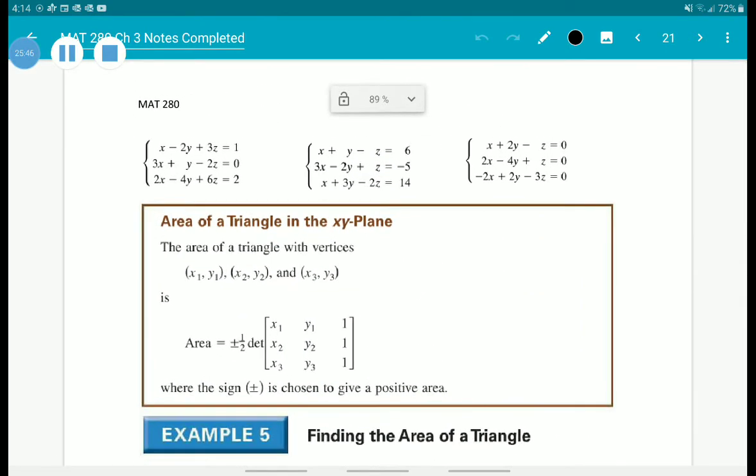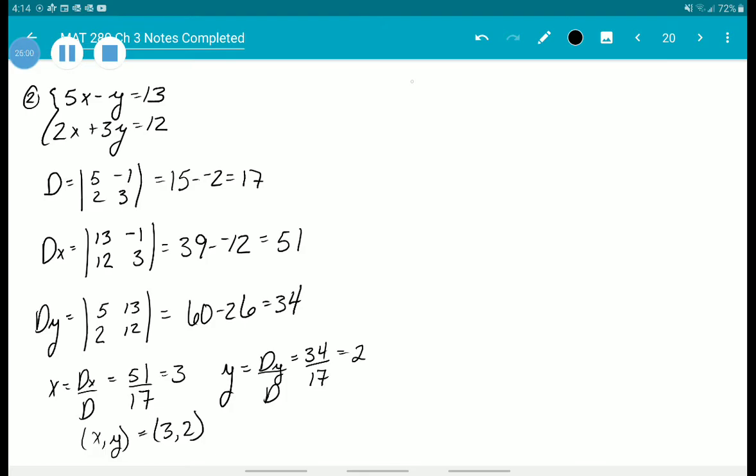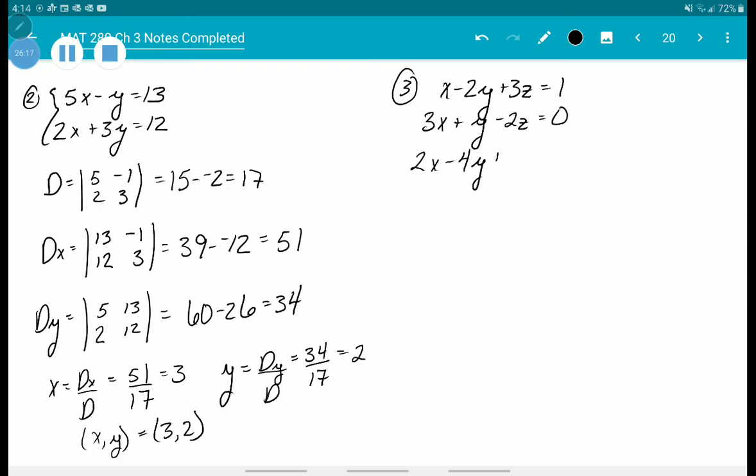So I want to do just a couple more. I'm going to call this one 3, then 4, then 5. So if we look at problem 3, there's our system.